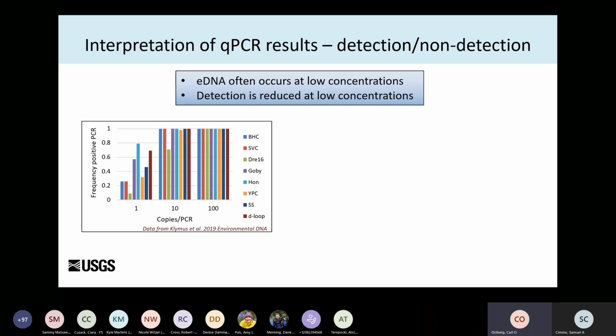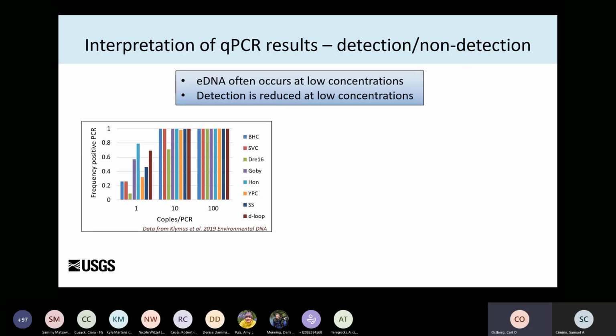For example, this figure shows the amplification of 3 dilutions of DNA, 1, 10, and 1,000 copies, for 8 different assays, each in a different color. For each assay, there are at least 20 replicates at each concentration. The y-axis is the frequency of positive PCRs.